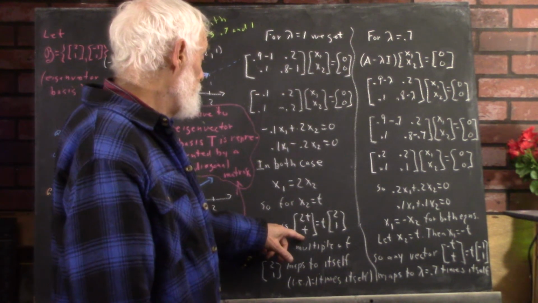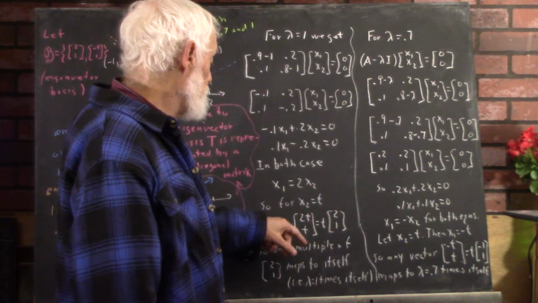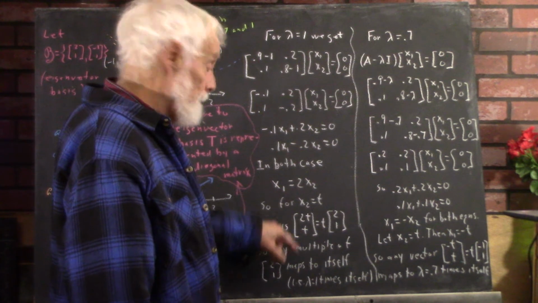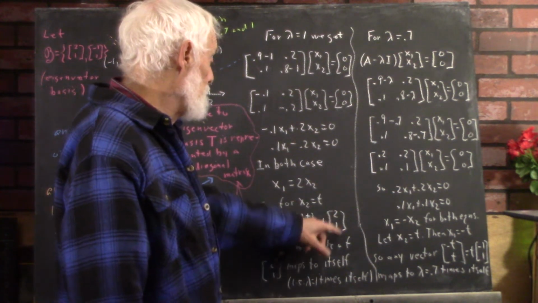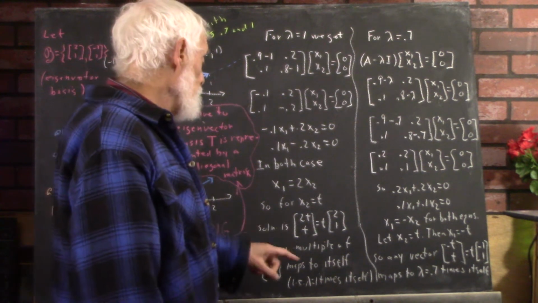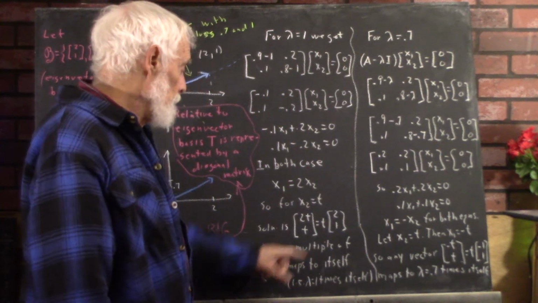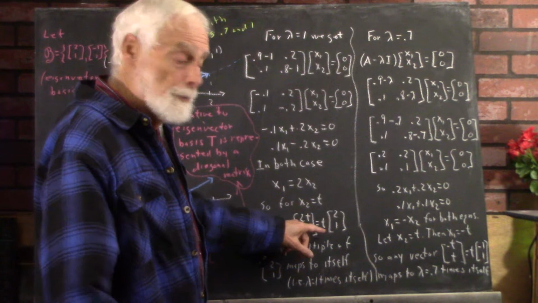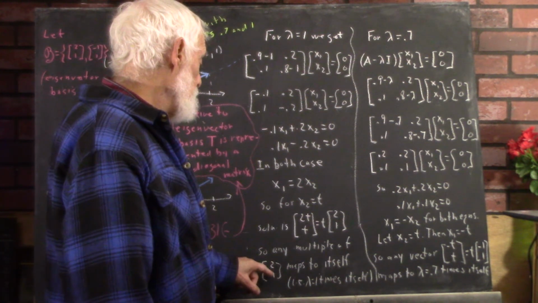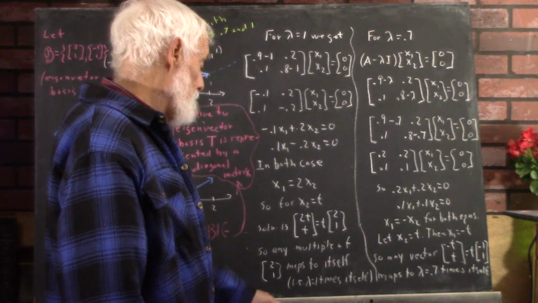Okay, x1 is 2x2, so if x2 is t, x1 is 2t. And that's equal to t times the vector 2, 1. And it follows then that any multiple of 2, 1 maps 2, 1 to itself.